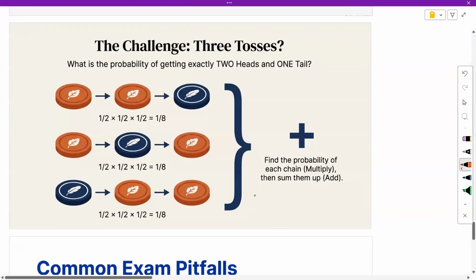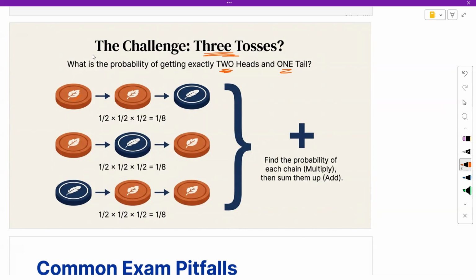And one challenge for you: what is the probability of getting exactly 2 heads and 1 tail when you toss 1 coin 3 times, or 3 coins at once?